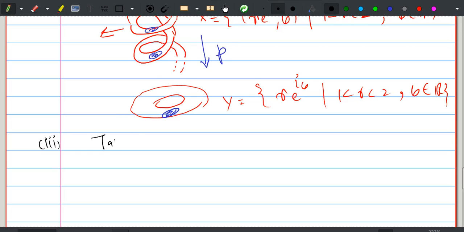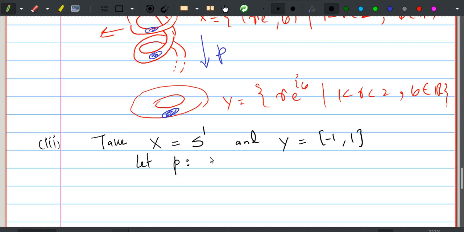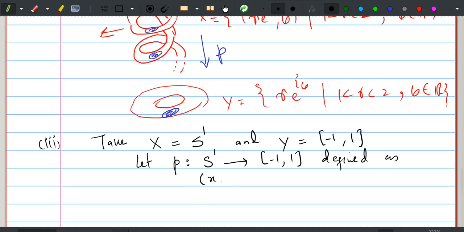Take X to be the unit circle, say S1, and Y to be the interval -1 and 1, and let P be a map from X to Y defined as, so it takes this pair (x, y) to the point x.